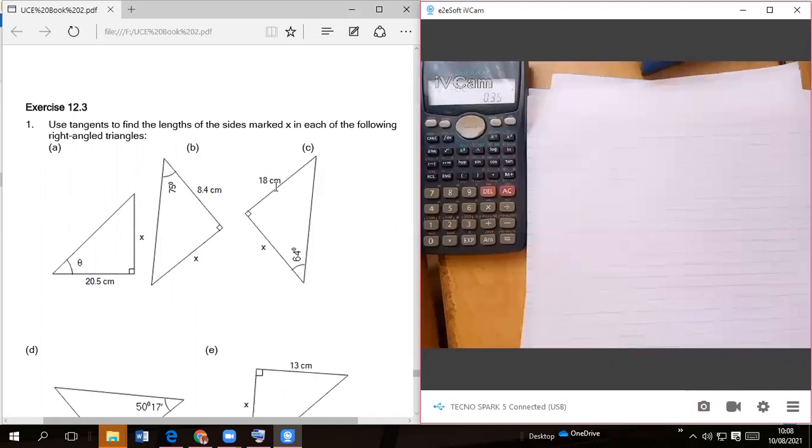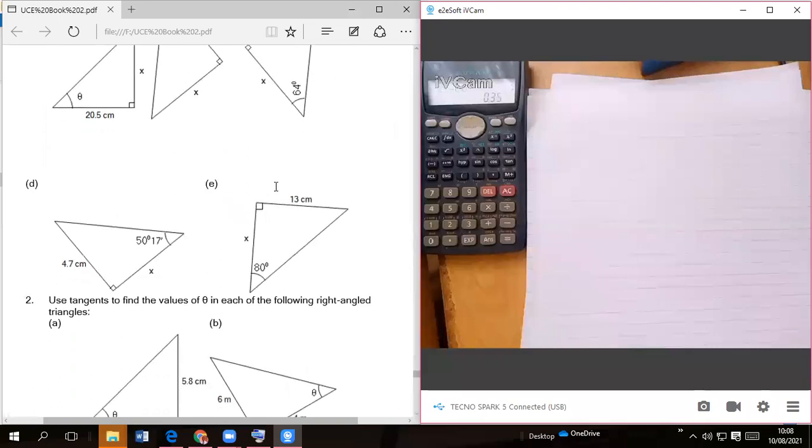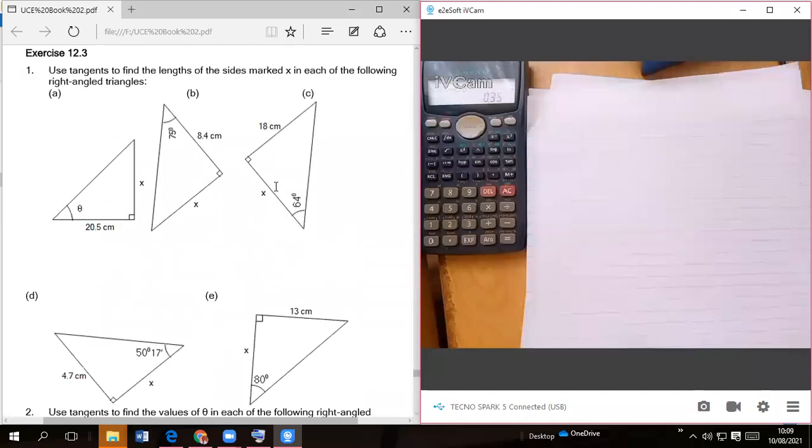Let me give you this exercise. Have you seen this exercise? You are doing for me part E. Part E. The question is, use the tangents to find the length marked x in each of the following.